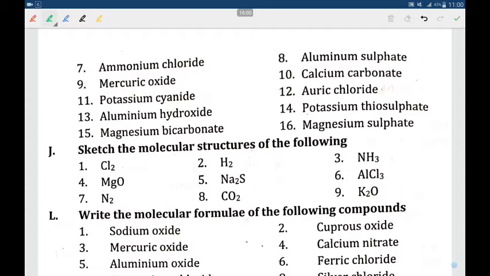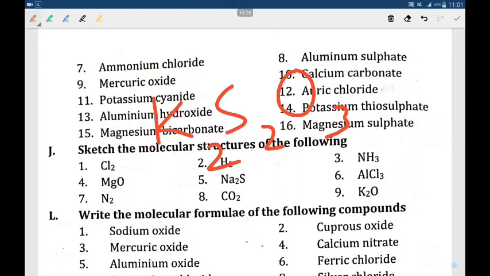Potassium thiosulfate, K2S. Next, potassium thiosulfate is given, right? So potassium thiosulfate is right here, K2S2O3.